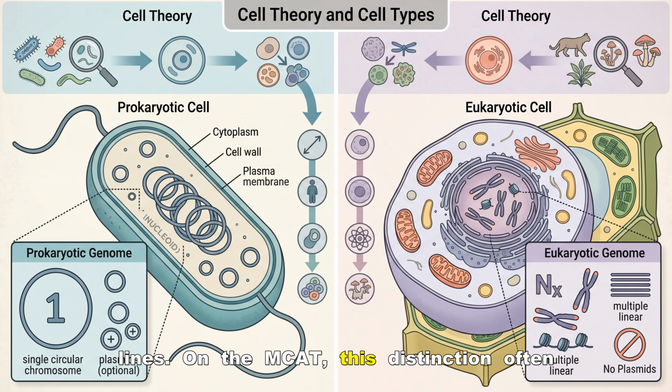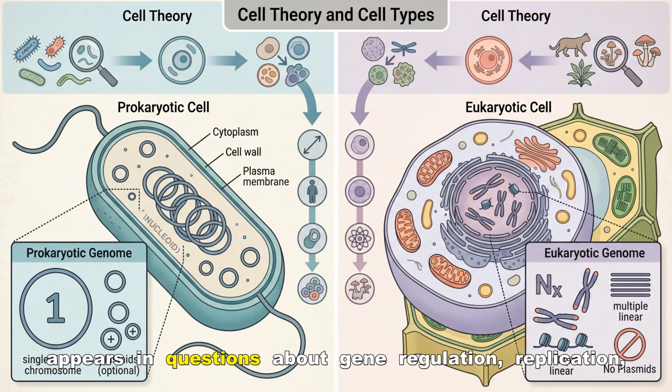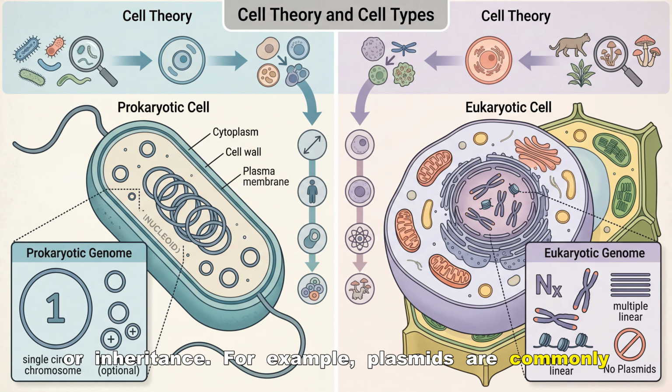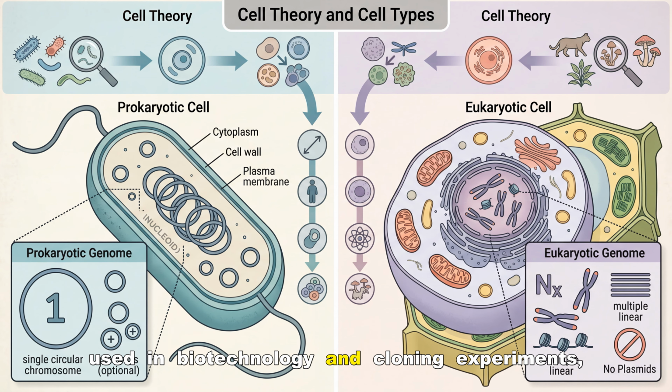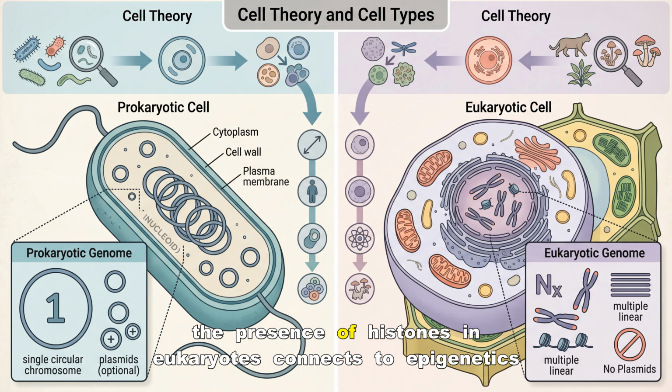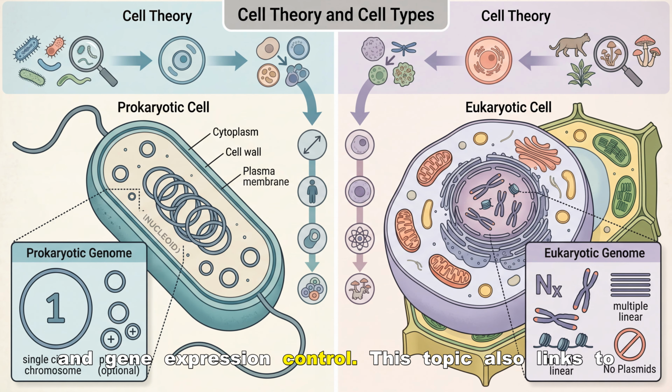On the MCAT, this distinction often appears in questions about gene regulation, replication, or inheritance. For example, plasmids are commonly used in biotechnology and cloning experiments, which you may see in passage-based questions. Additionally, the presence of histones in eukaryotes connects to epigenetics and gene expression control.